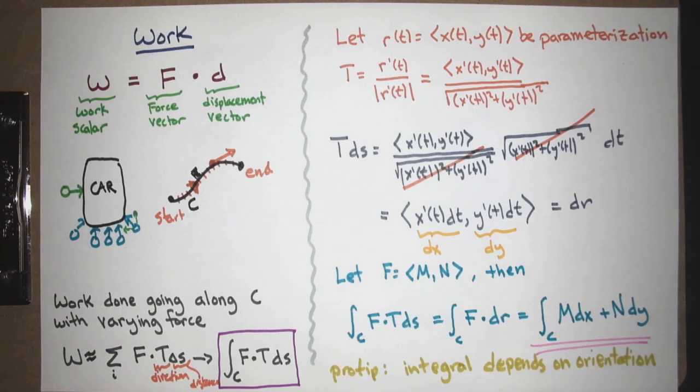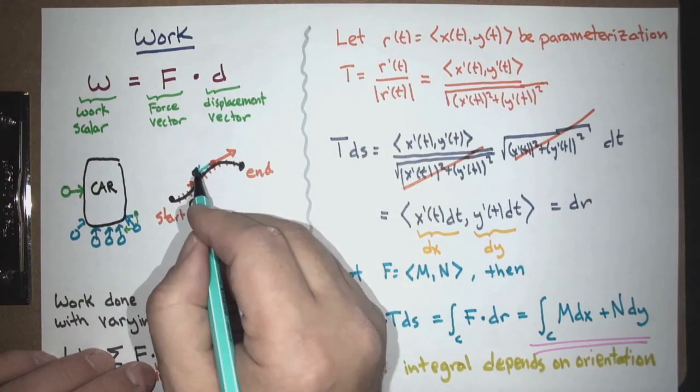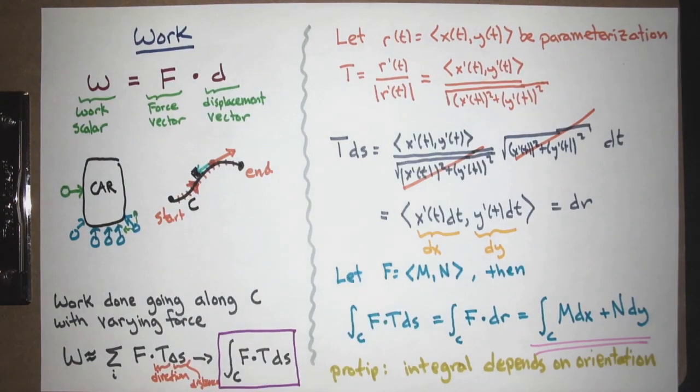Keep in mind, orientation matters. Why? Well, what happens if we flip the direction we go? So if we go from start to end, but we flip, now we go from end to start, how does that change things? It changes the sign. Why does it change the sign? Because your tangent vector now points in the exact opposite direction.